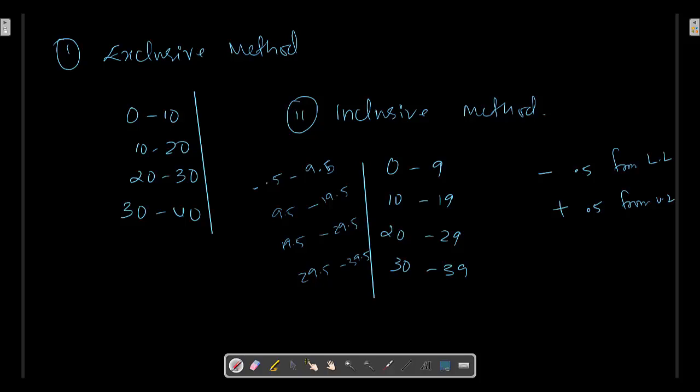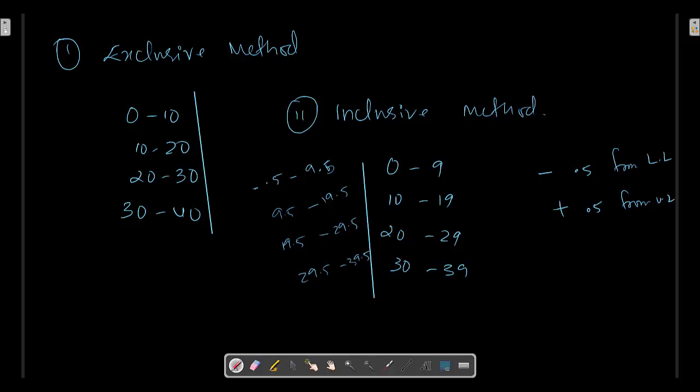And the 10th value you will take in the succeeding class interval. And here 10 to 19, 20 to 29, 30 to 39. I'll let you know again if you're confused while solving it. I'm sure you will have no doubt after that.